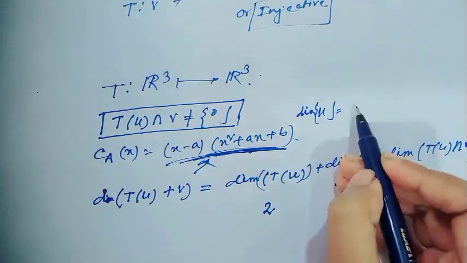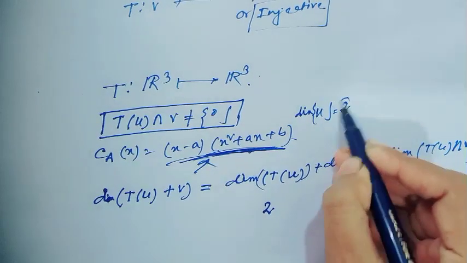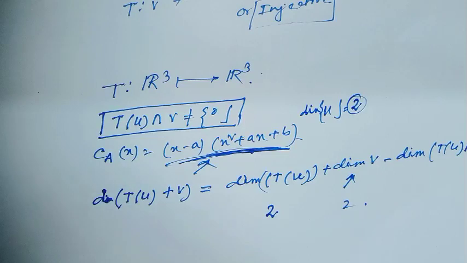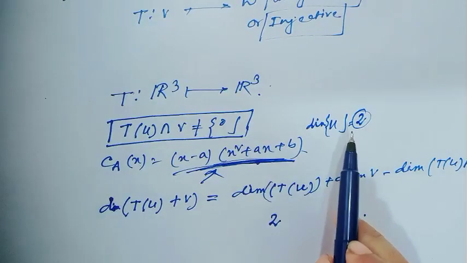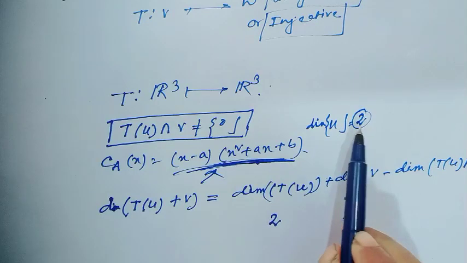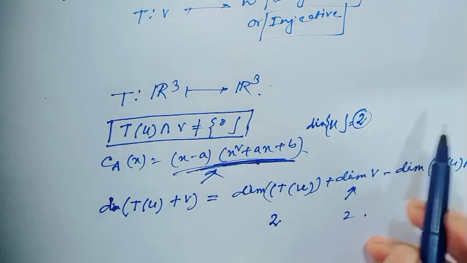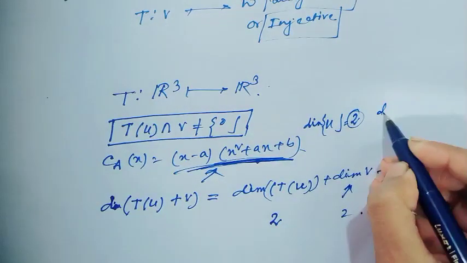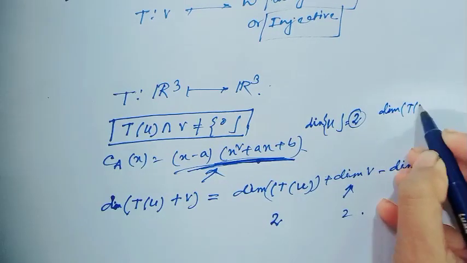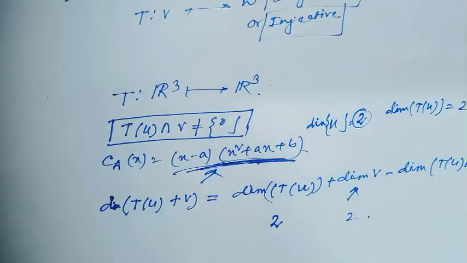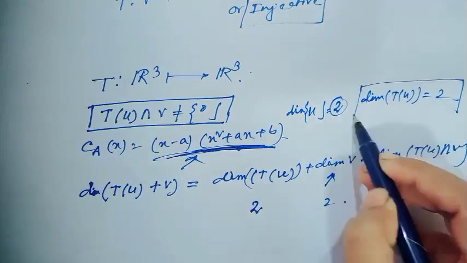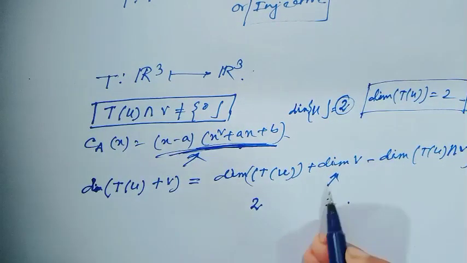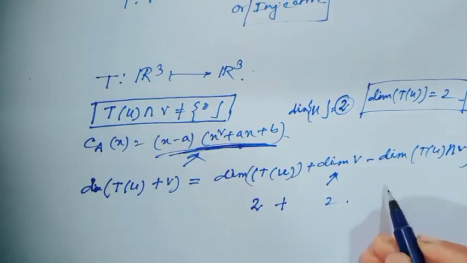2, because dimension of U is 2, that means U contains two linearly independent vectors, and a linear transformation always maps linearly independent vectors to linearly independent vectors. So dimension of Tu would also be 2. That means this is equal to 2 plus 2, 4.